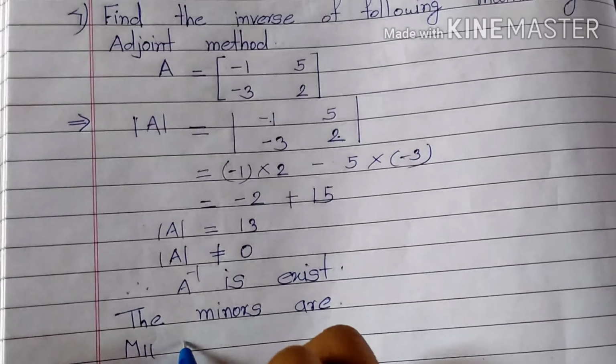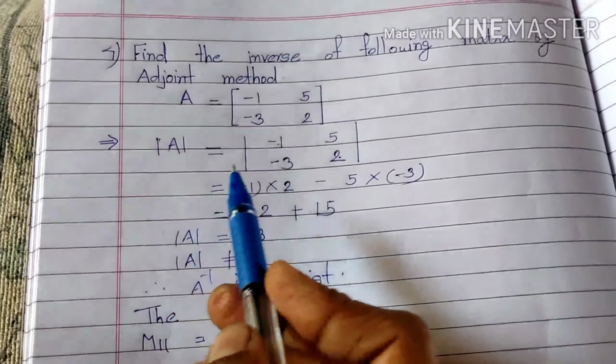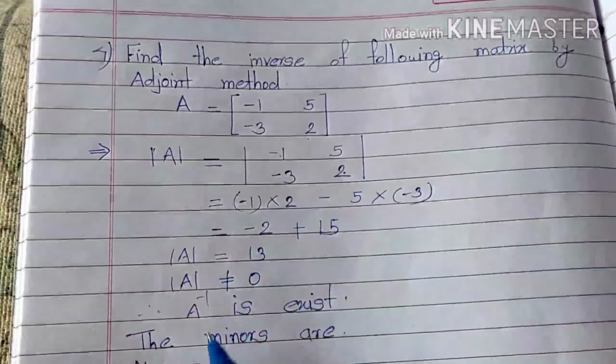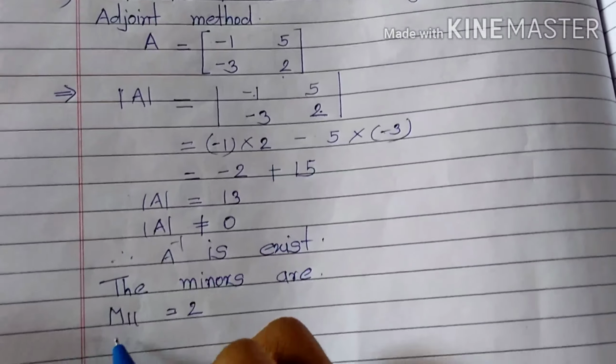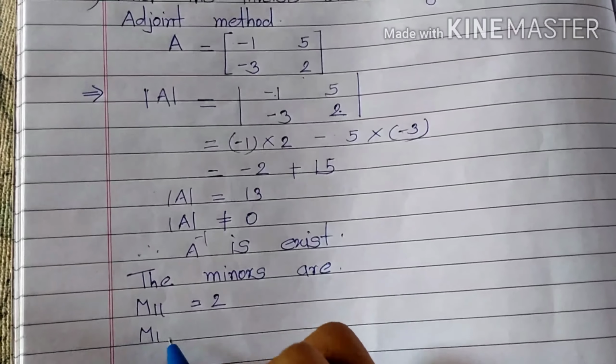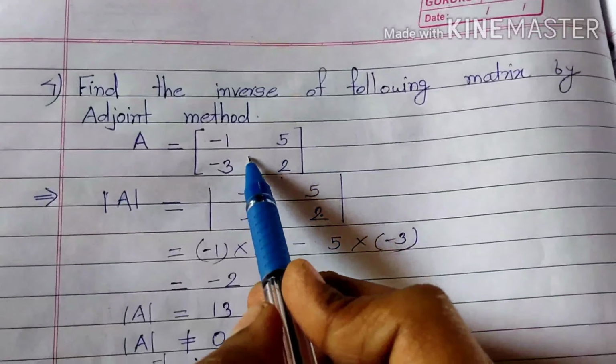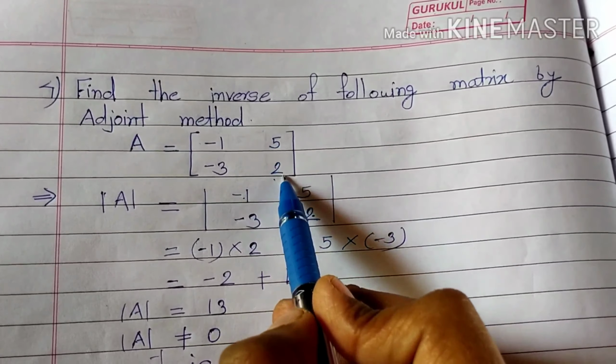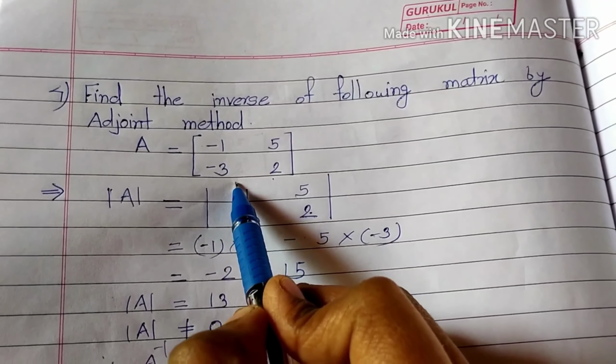M11 is equal to, same procedure, deleting first row and first column, you get element 2. Next, M12 means deleting first row and second column, you get element -3.